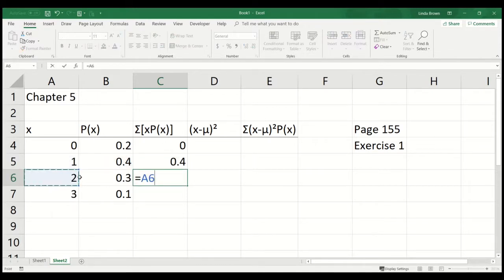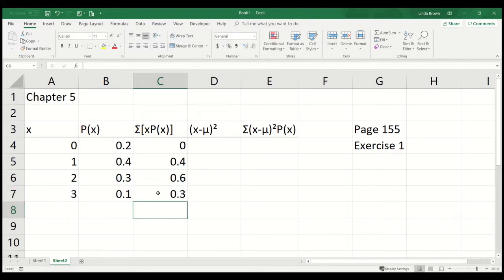We'll go 2 times 0.3 equals 0.6. And we'll go 3 times 0.1 equals 0.3. And of course, you can certainly add this up with your calculator, or you can use AutoSum, hit enter, and that value there is your mean.